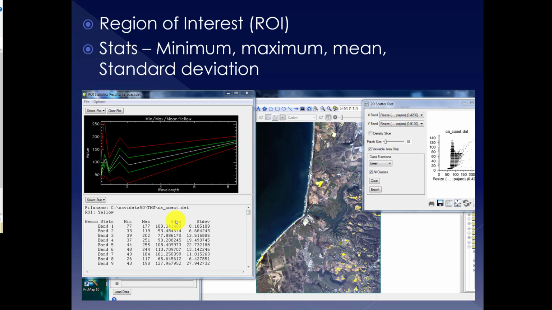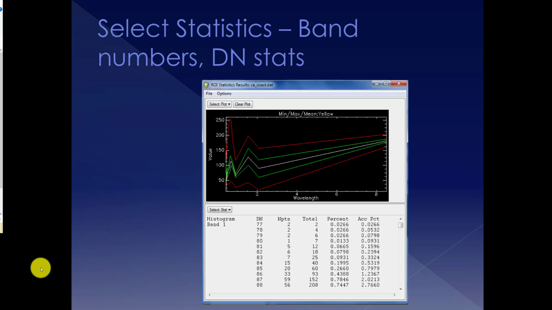So knowing that each band collects within a certain range of the electromagnetic spectrum, you can then look and see how your region of interest is behaving according to that particular wavelength. Again, each of these lines that you see drawn in this plot are showing you different band representations, and then your data is displayed below.